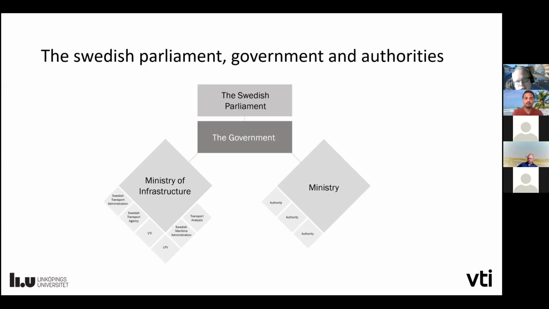In the same ministry, we have the Transport Administration that runs the roads and the rail traffic, and the Transport Agency that has all the permissions and driving licenses and so on. And then we have some other parts here under the ministry.